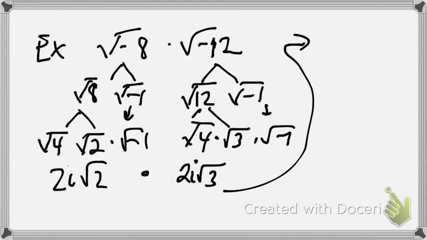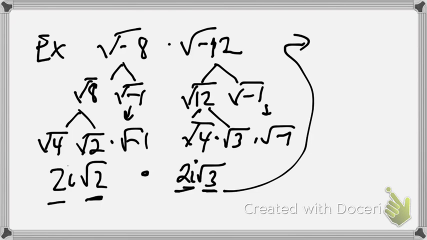Let's go up here with it. So 2i times 2i. When you're multiplying complex numbers, remember we have to multiply what's out in front separately from what's underneath our radical.